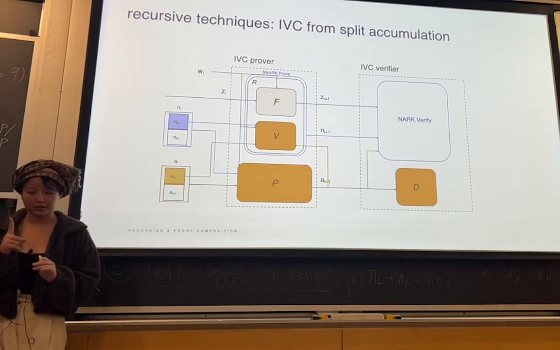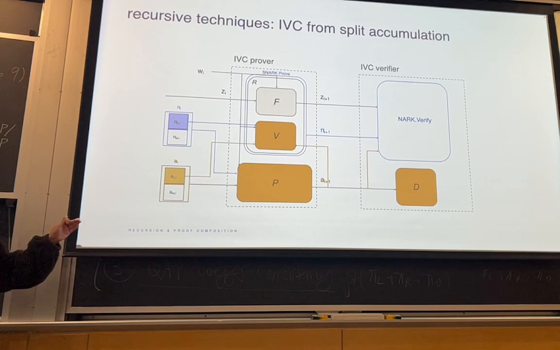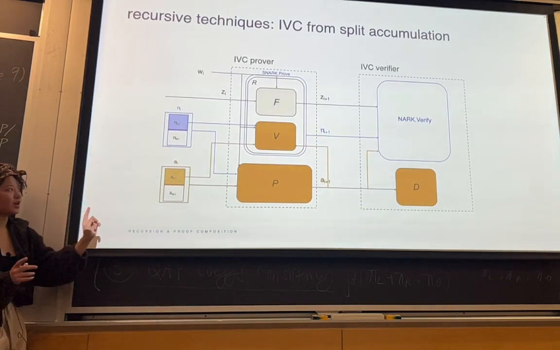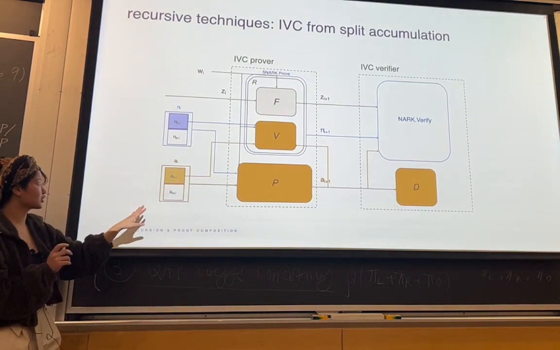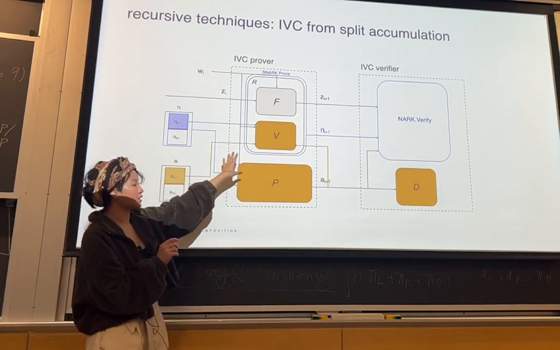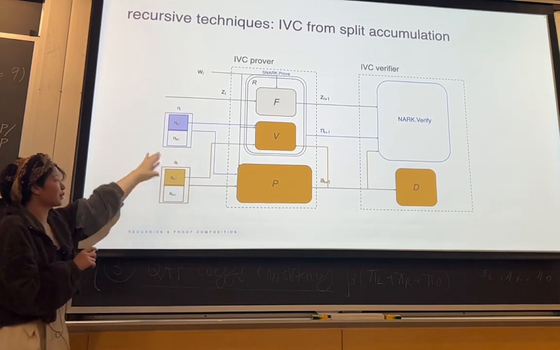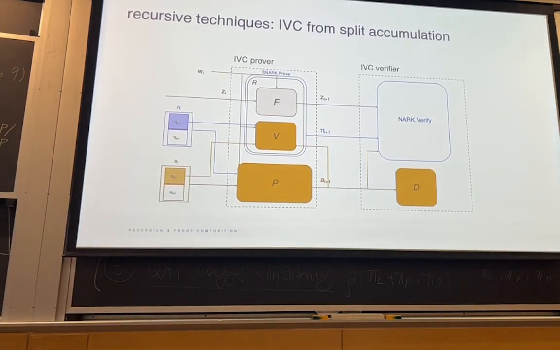You don't need a sublinear verifier, first of all, but now you don't even need a sublinear argument. Your argument can be huge. And that's still fine because you're not trying to read the whole argument at each recursive step. So the recursive verifier only reads the public part of the argument and accumulates the rest.